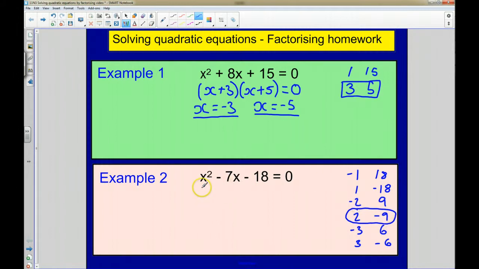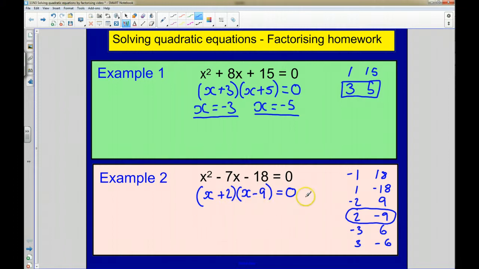So factorising, I can say, well, I'm going to have x plus 2 times x take away 9 is equal to 0. And we can expand this out to check, and we should find that we get this expression here. Now we want to follow the similar process as before.